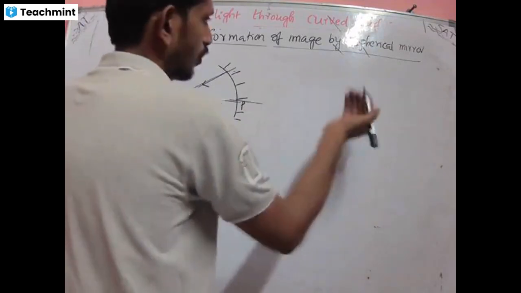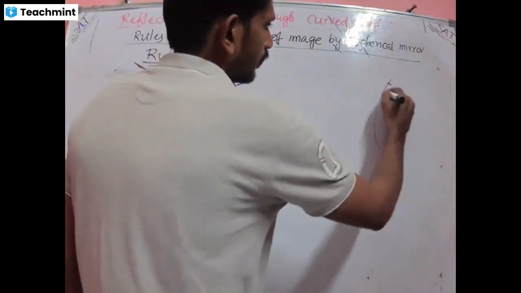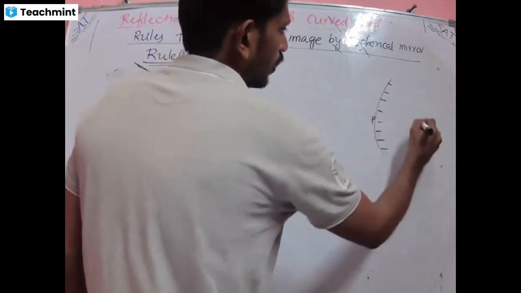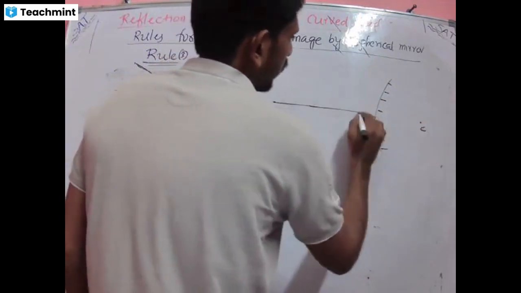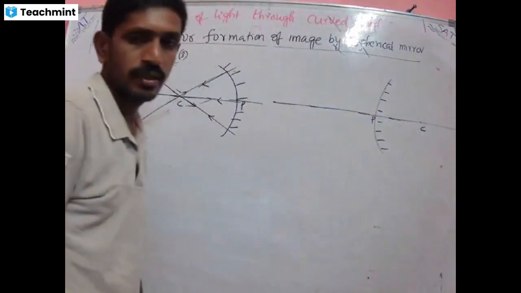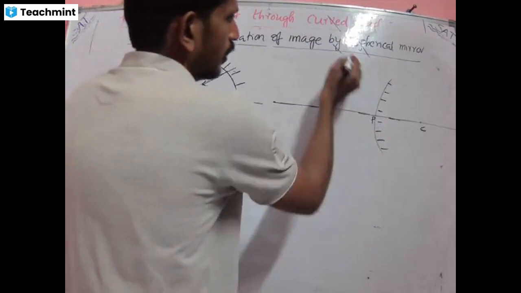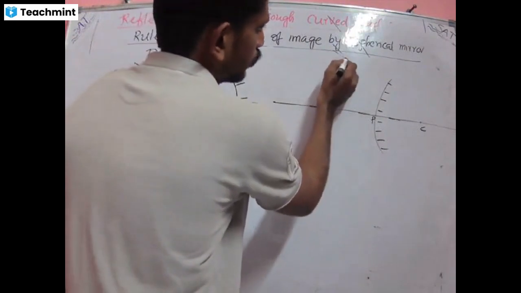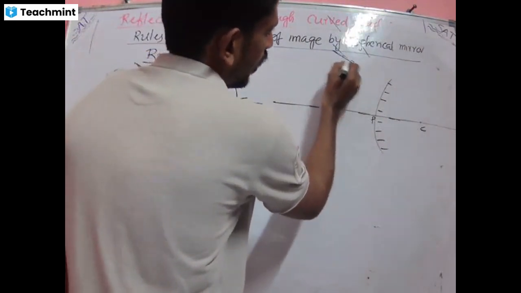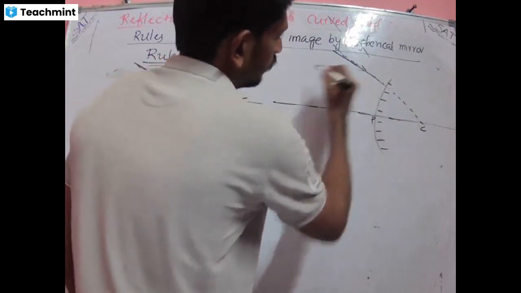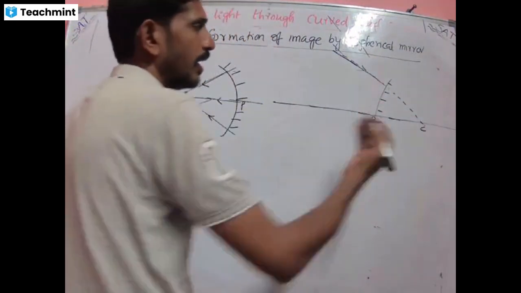Next, for the convex mirror. This is the pole. This is the center. This is the line joining the pole and the center. The ray which appears to pass through the center of curvature, after reflection, is reflected back along the same path.